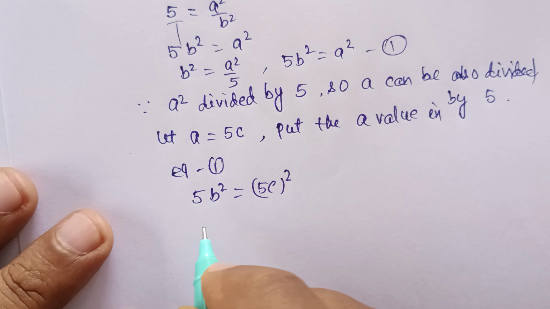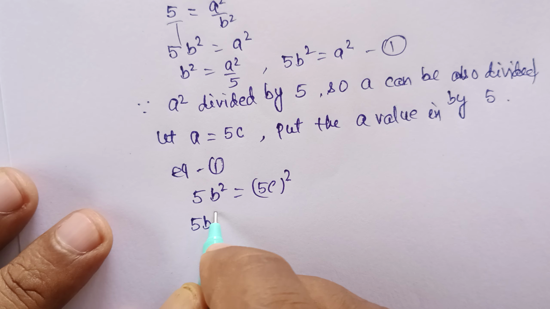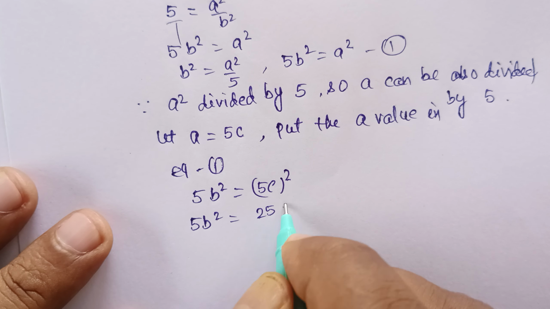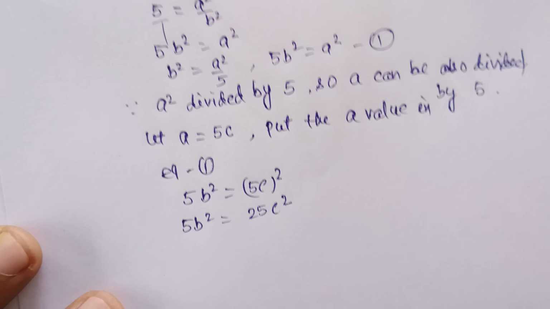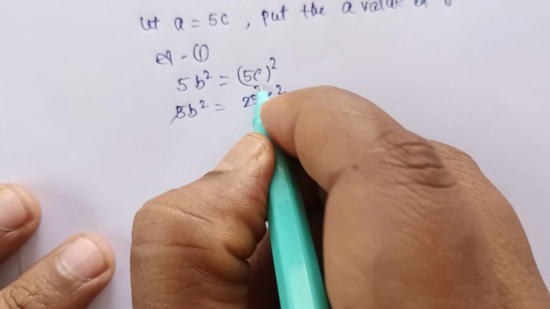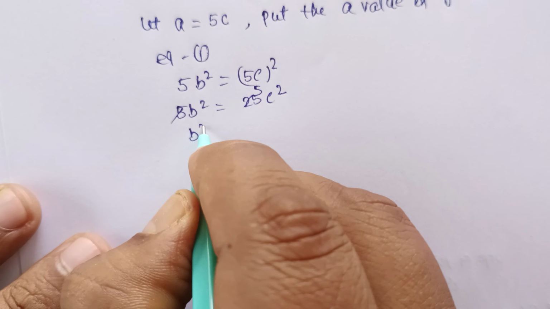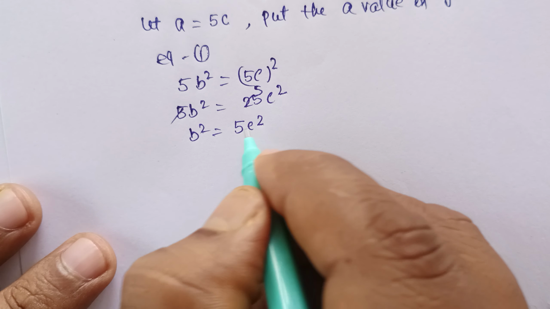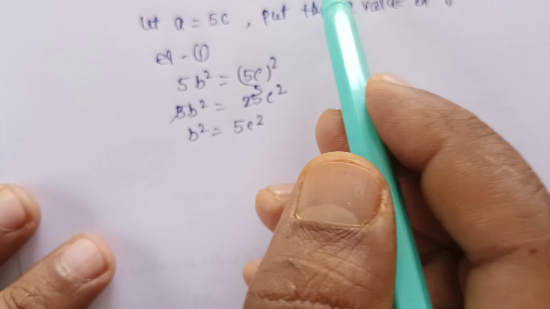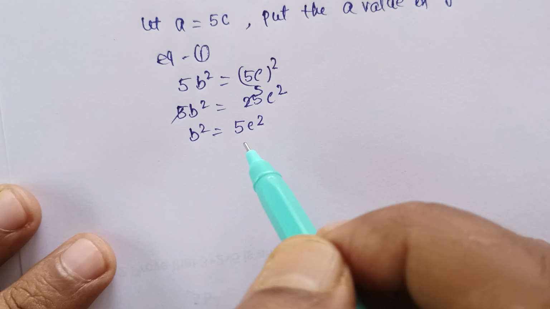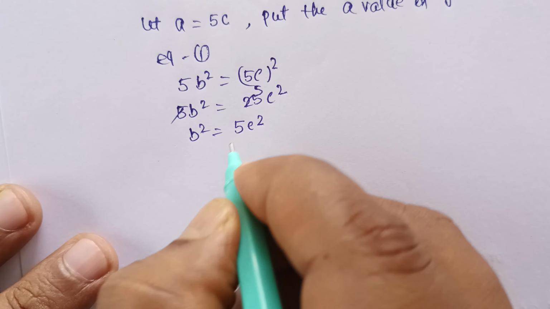So 5b square is equal to 5 square, which is 25c square. Now I am simplifying. 5 cancels, so you get b square is equal to 5c square. Now you see, earlier we saw a square was divided by 5. Now b square is also divided by 5.